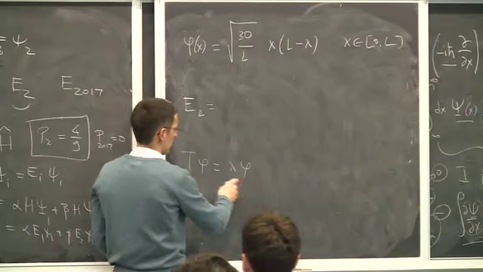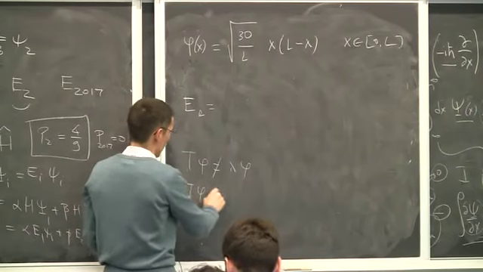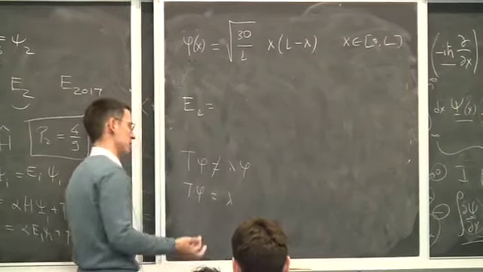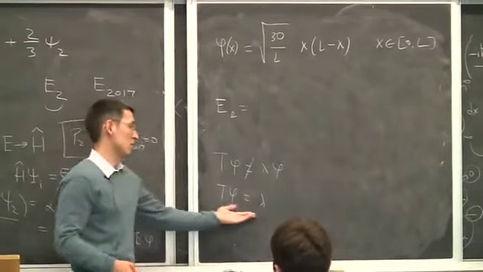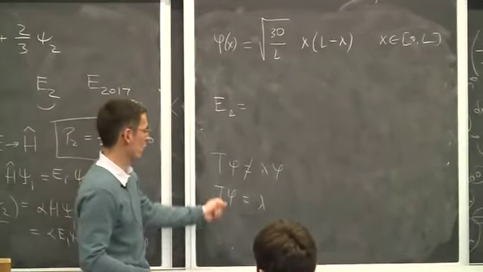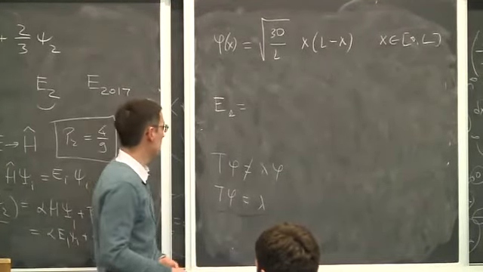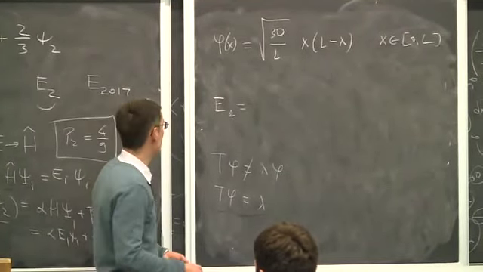You will get only T phi equals some constant. And so that's not the situation where phi is called the eigenfunction of T, right? So in this situation, we can always write phi as a linear combination of eigenfunctions, right?